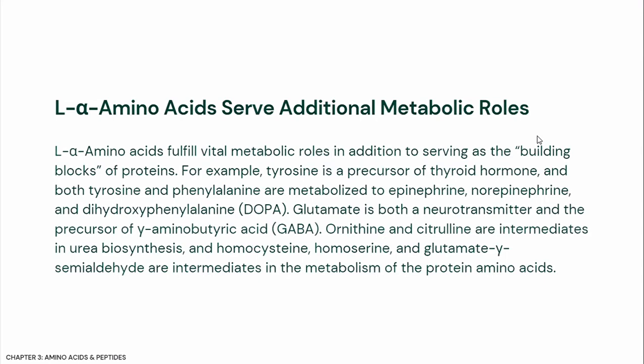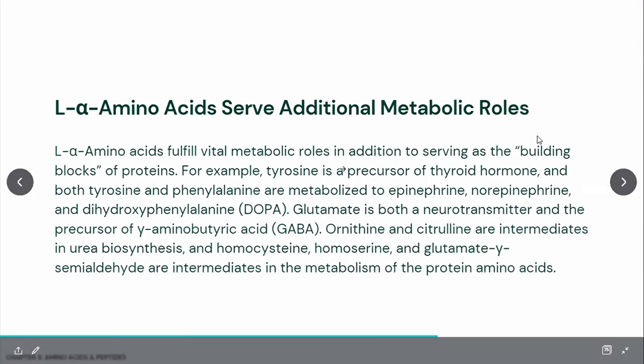Now, aside from the function of the amino acid as part of the protein molecule, certain amino acids can become specialized products. For example, tyrosine here is the precursor of thyroid hormone, your T3 and T4.